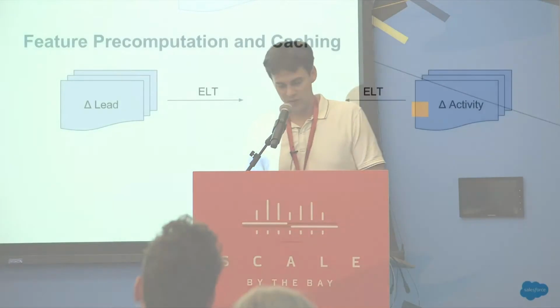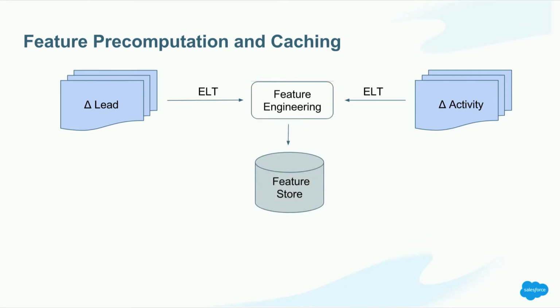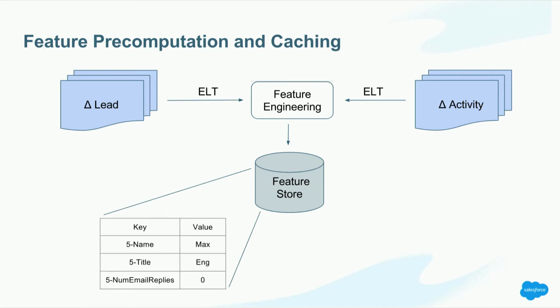Typically, the way these problems are solved is that instead of determining the features when you need to use them, you pre-compute them whenever the data comes in and cache them in what's typically called a feature store. This is usually a key-value store where, for example, the lead ID and the feature name are the key.